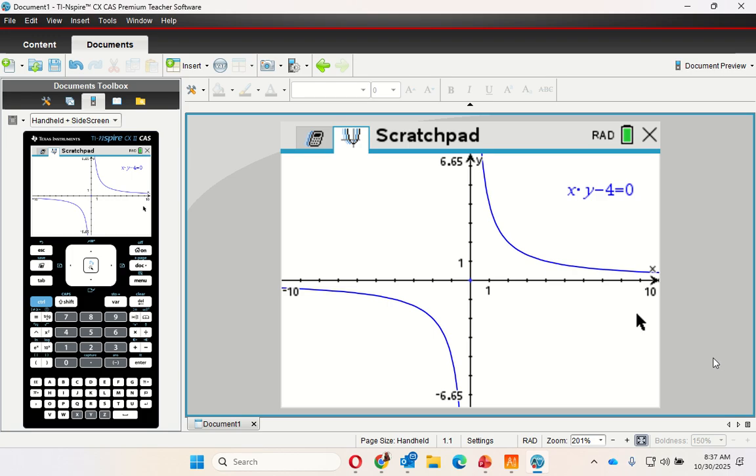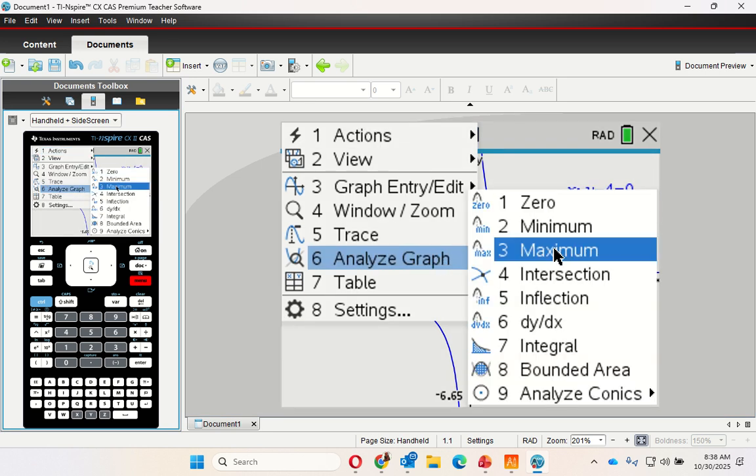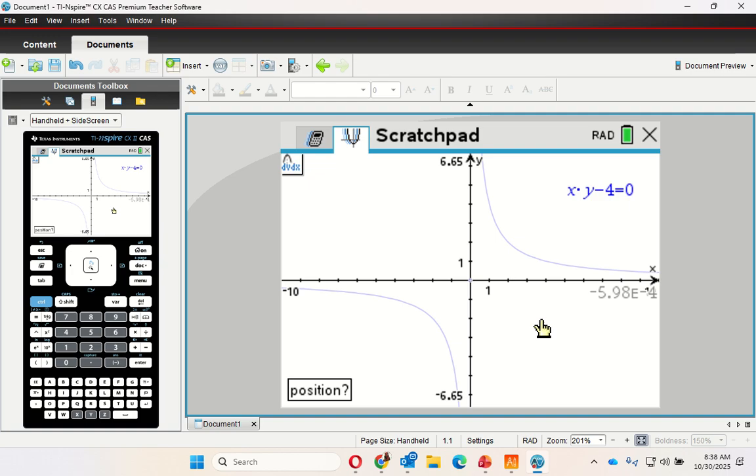So we have equations that are not just regular linear or the quadratic and all those other ones that we've had. Now, what we're going to do is graph it. So I'm going to menu, analyze graph, derivative. When I plug in something, I have to plug in at a certain point.